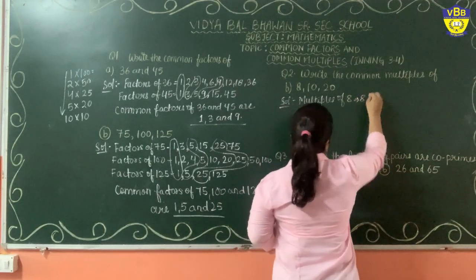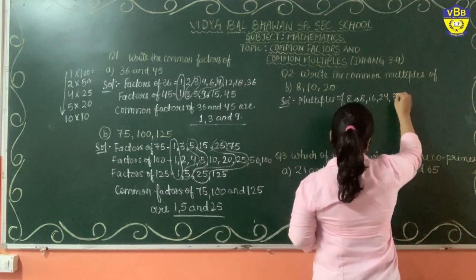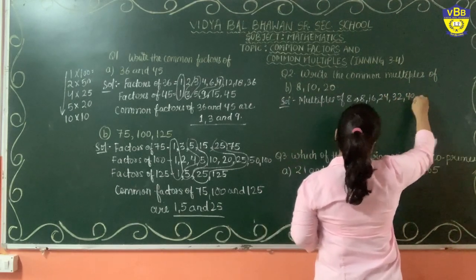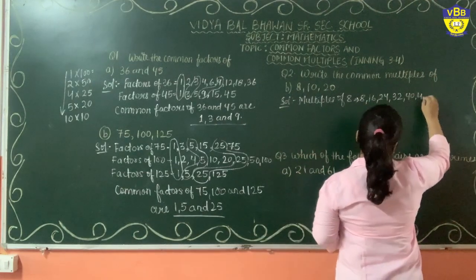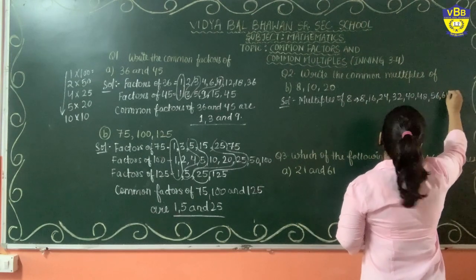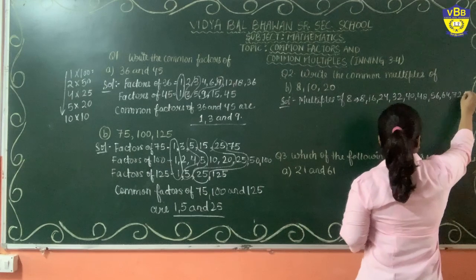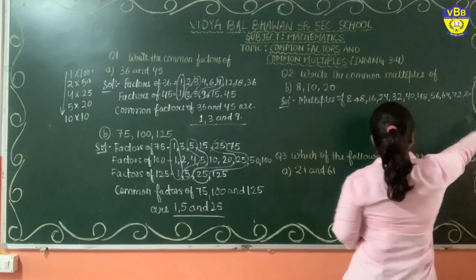So 8, 16, 24, 32, 40, 48, 56, 64, 72, 80 and so on.